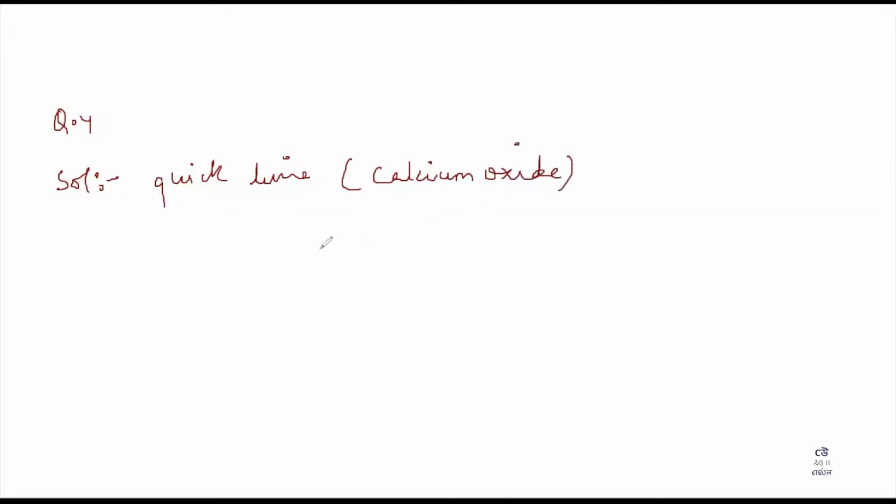Moving on with the next question, which is question number 4. The question says, under what soil condition do you think a farmer would treat the soil of his fields with quicklime, whose chemical name is calcium oxide, that is CaO, or with slaked lime, that is calcium hydroxide?